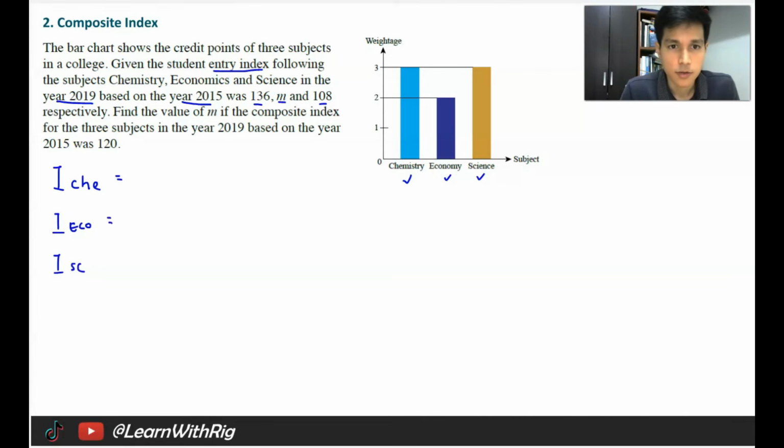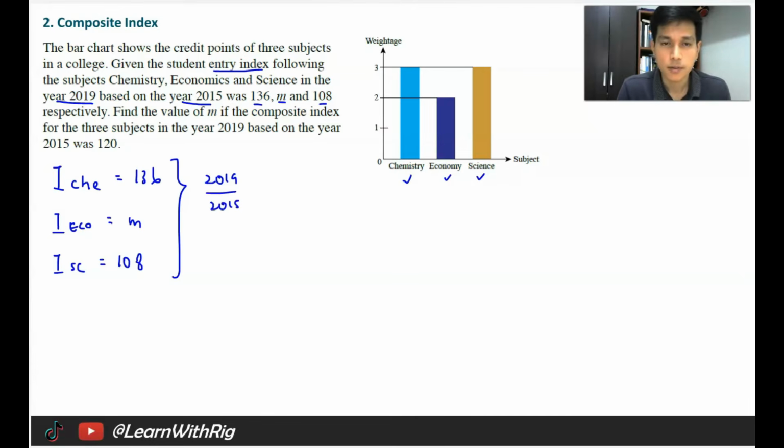So what are the 3 values? First one is 136, second one is M, third one is 108. All these are based on 2019 based on 2015.